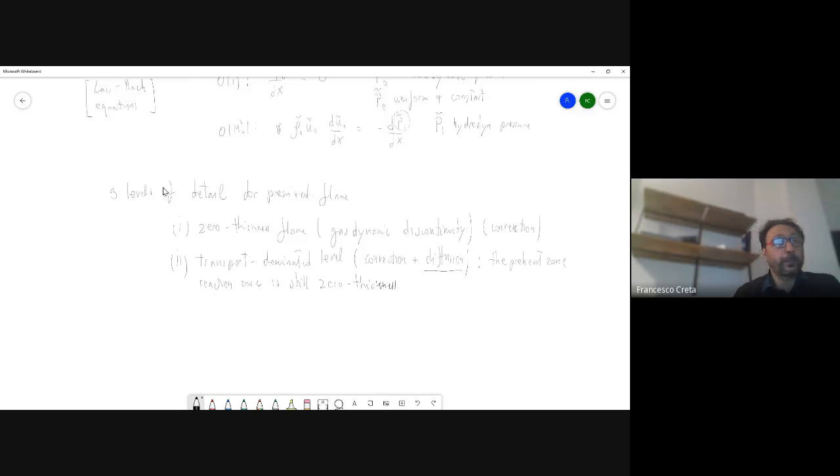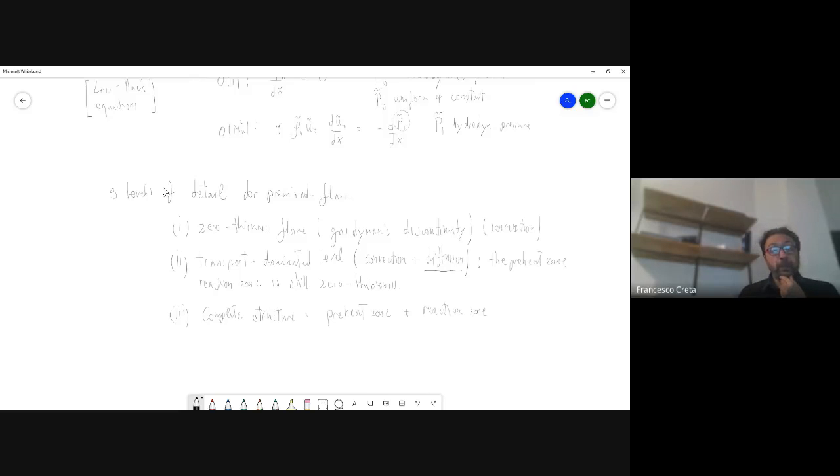I'm going to draw pictures now so that it's going to be clear. Now, if we move even closer, we have essentially the complete structure of this flame. So we're going to consider the preheat zone that we saw before, plus a reaction zone or reaction layer.